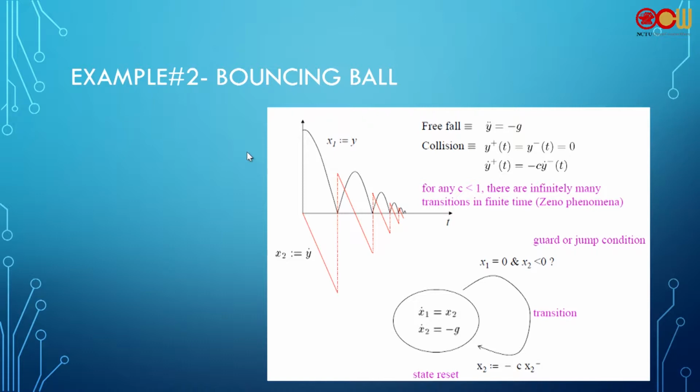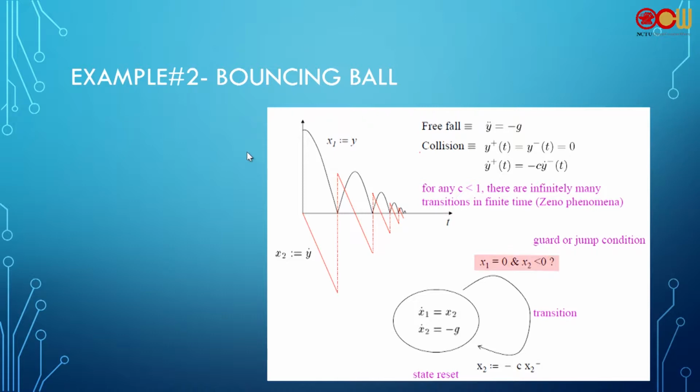This can be described by your hybrid system, which is this. But in here, there's only one dynamics, which is the acceleration under the effect of gravity, right? And this transition, it transits from the same state to the same state, right? And it happens when you hit the ground, which is x1 equal to 0, and velocity, x2 is the velocity, is negative.